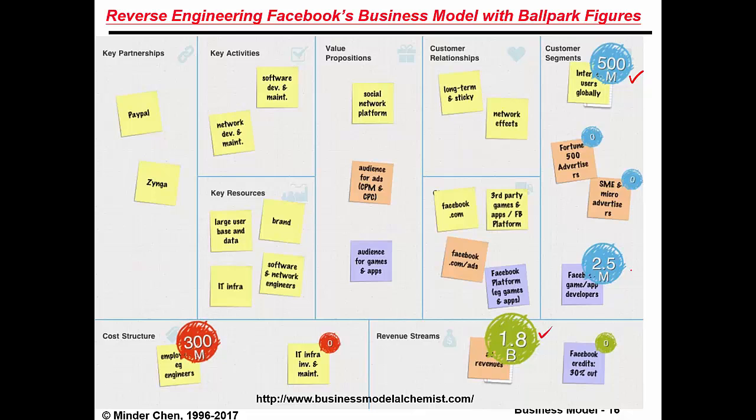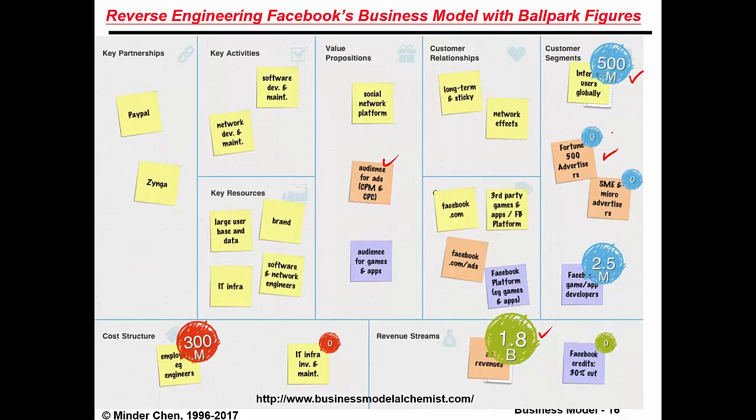Another thing, when you look at this sample business model canvas, is to pay attention to the color coding of the post-it notes. Here, we have three colors.